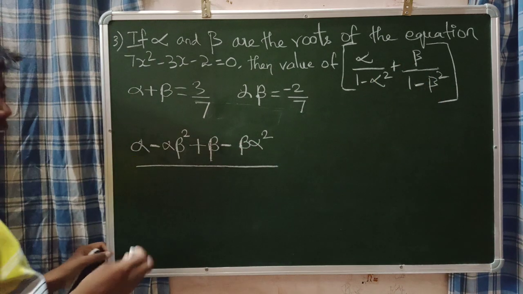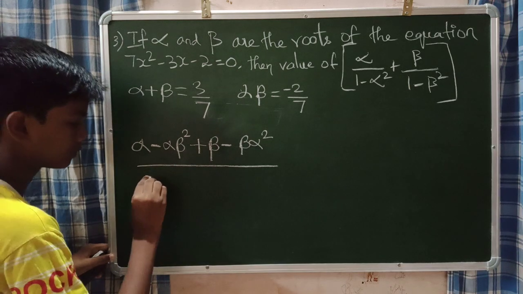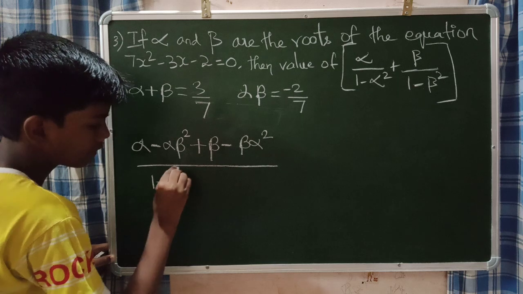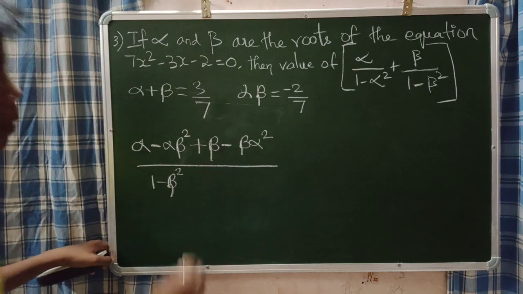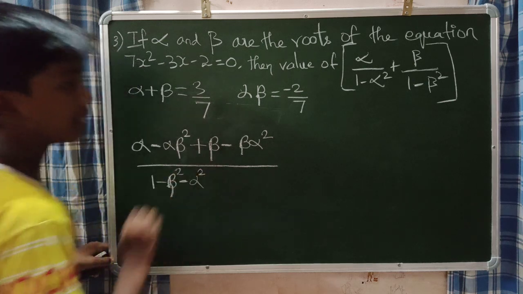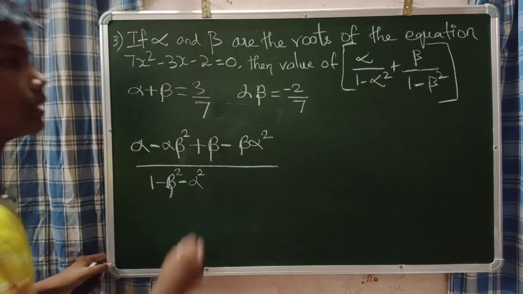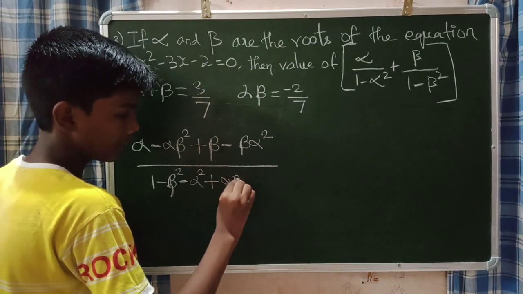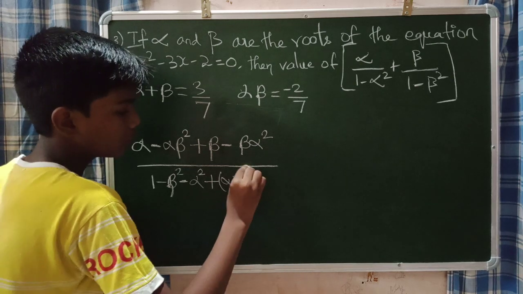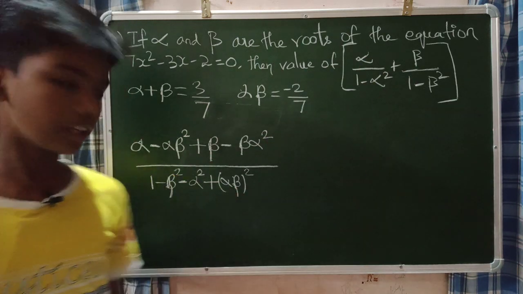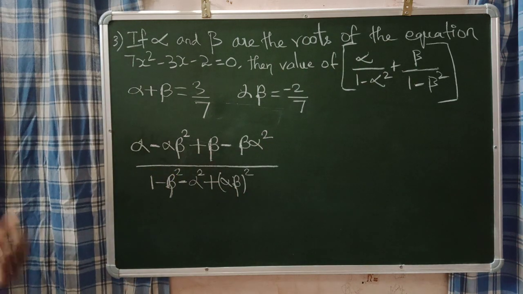In the denominator you will be getting 1 minus beta square minus alpha square plus (alpha beta) whole square, because you will get alpha square beta square. So alpha square beta square is (alpha beta) whole square, guys. That's what I'm doing now.